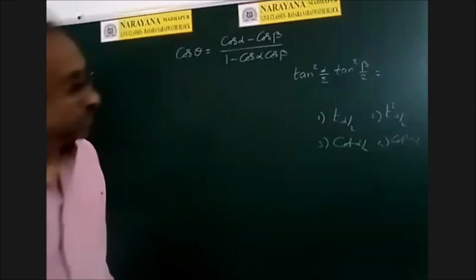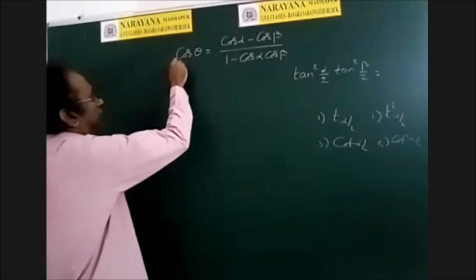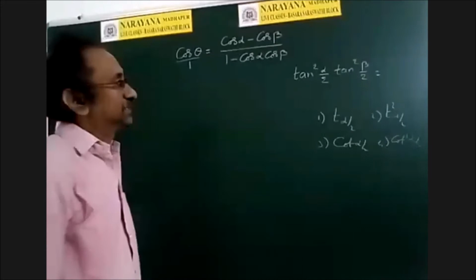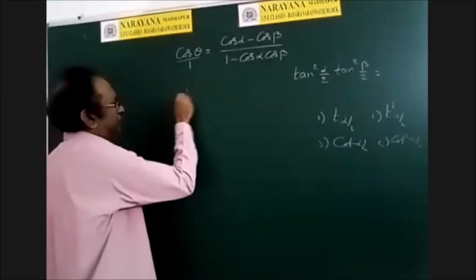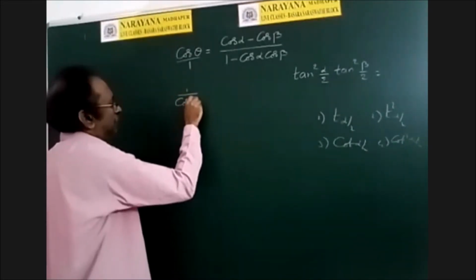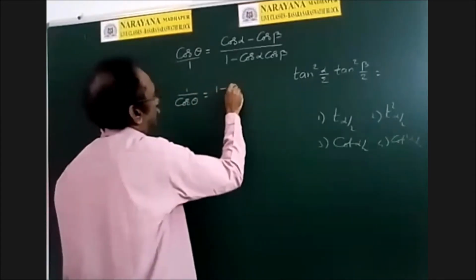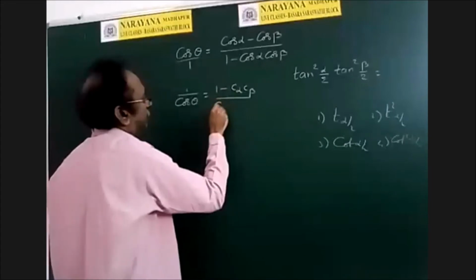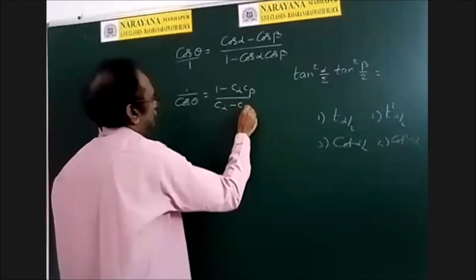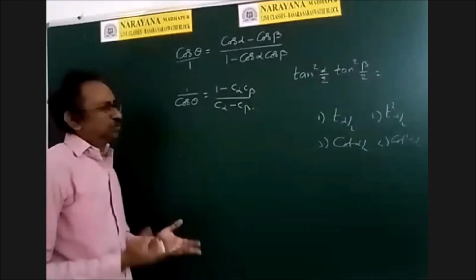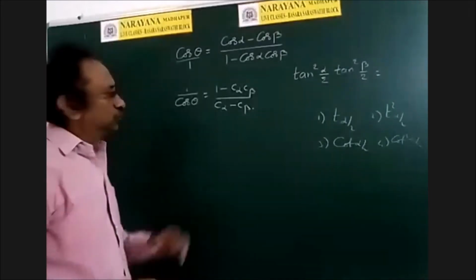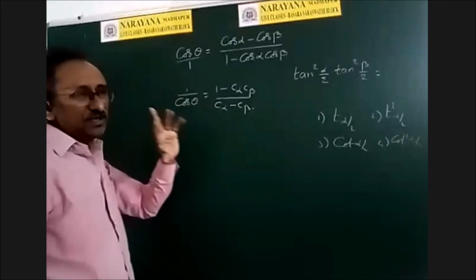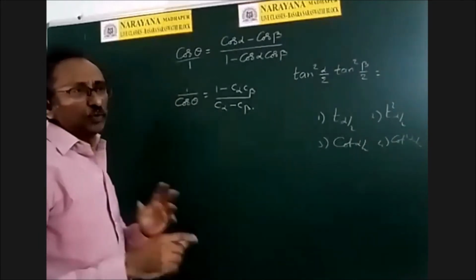Now see, cos theta can be written as cos theta by 1. And in the next step, I can reverse that also: 1 by cos theta is equal to 1 minus cos alpha cos beta by cos alpha minus cos beta. Even though I can do it without reversing, 1 plus cos theta by 1 minus cos theta is better. If cos theta minus 1 is there, you may be confused.